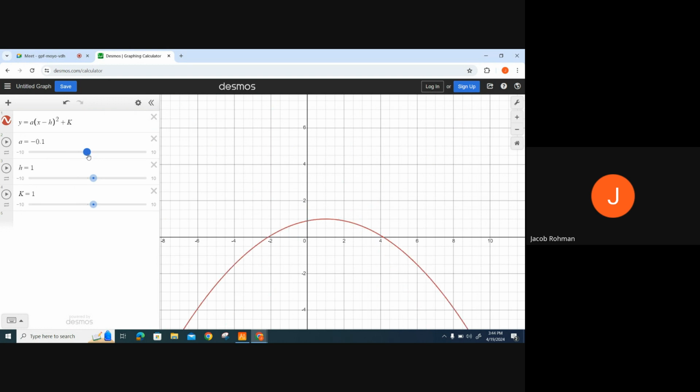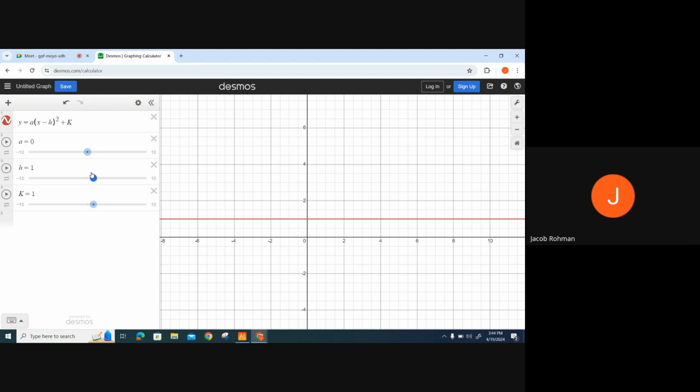The same is true when we look at 0 to negative 1. You can see that it's getting skinnier as I get closer to negative 1. As I get to negative 1, that's basically the parent function, except it's reflected downward. But as I get closer to 0, that graph gets wider, more compressed.